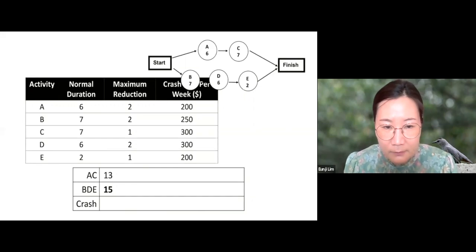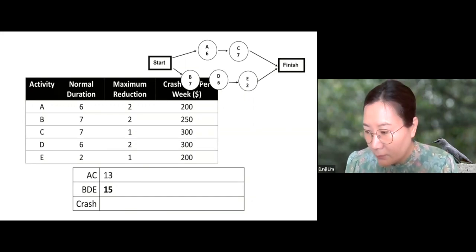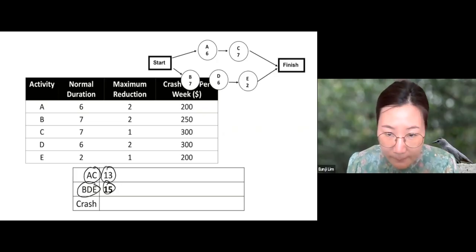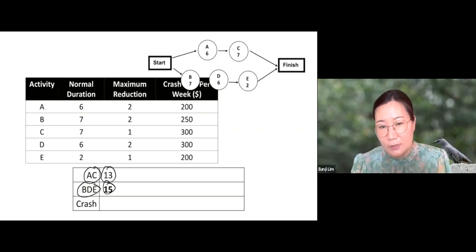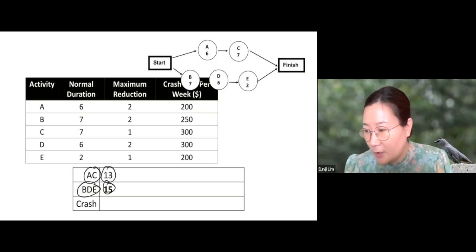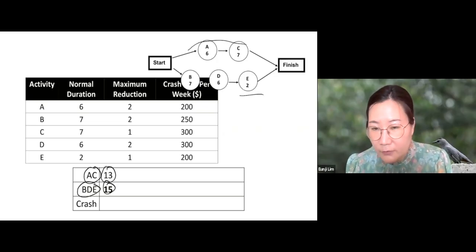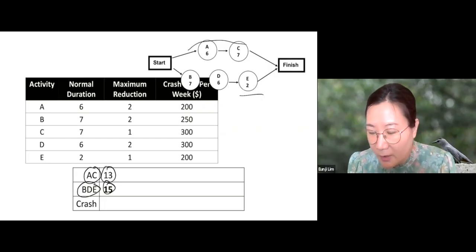Now, here we had a question. We had AC and BDE. The length of AC was 13. The length of BDE was 15. And would you crash one of the activities in the upper path or in the lower path? If you crash one of the activities in the upper path, what happens?